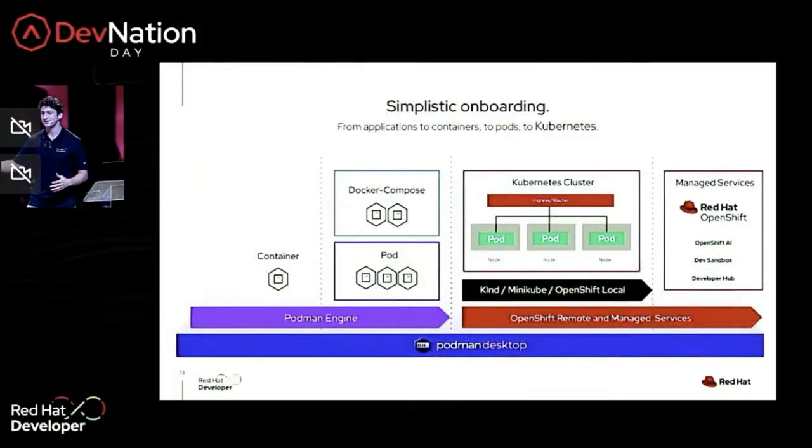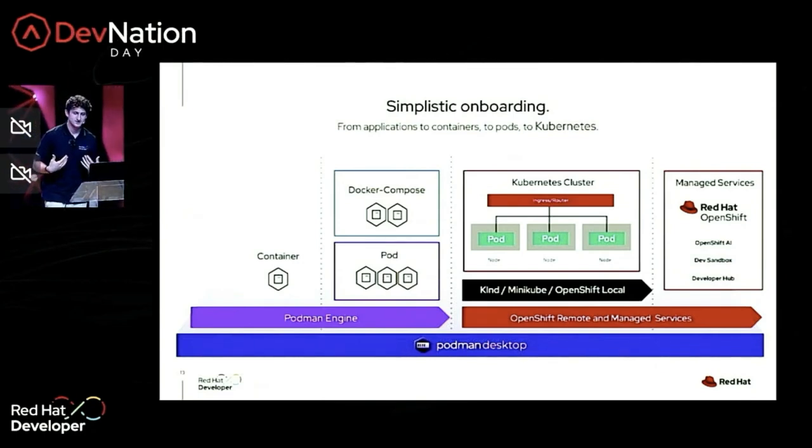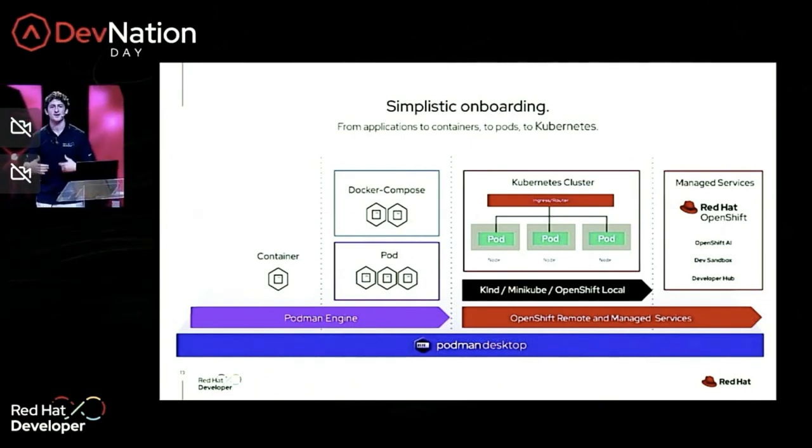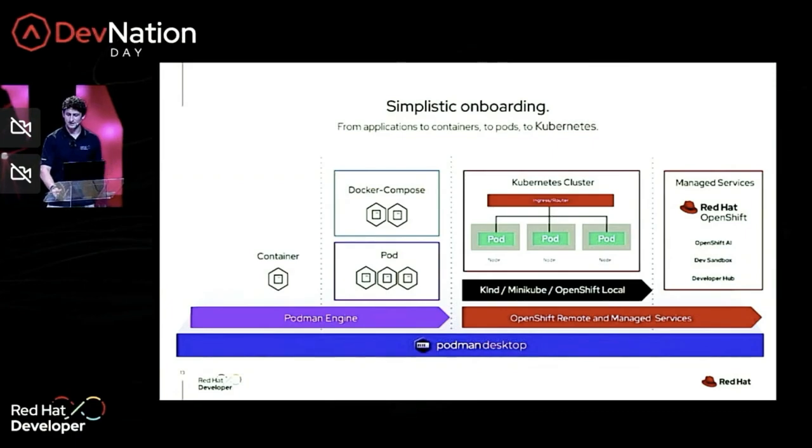It allows us as developers to take our source code, work with containers, work with pods, and ultimately transform that and deploy it straight to Kubernetes clusters, versus local ones on my computer with Kind and Minikube, or OpenShift environments that we might be connected to, or any Kubernetes config that you might have on your local machine. So the goal is to help developers migrate their applications and detect if there are going to be issues earlier on in the process of developing our applications.